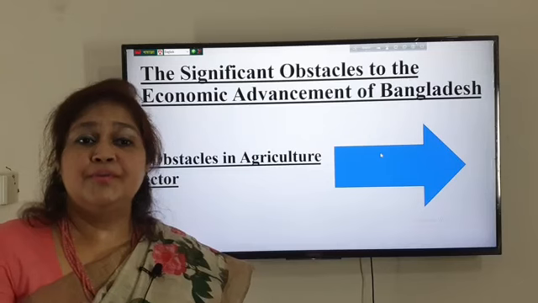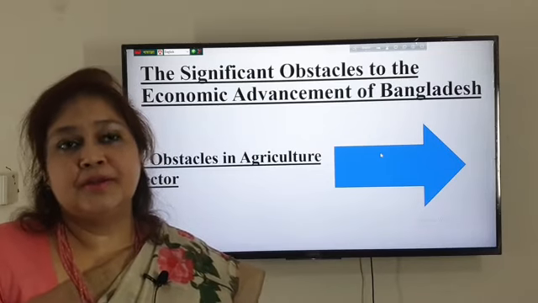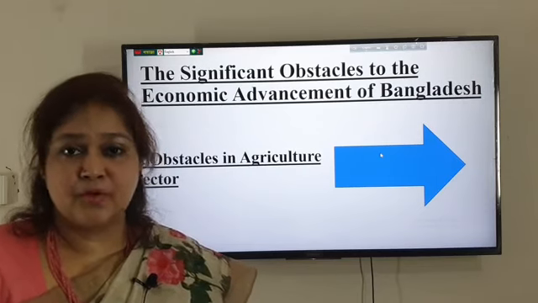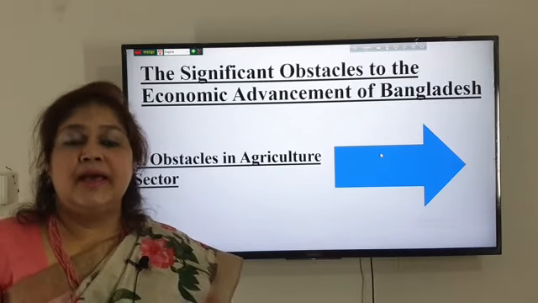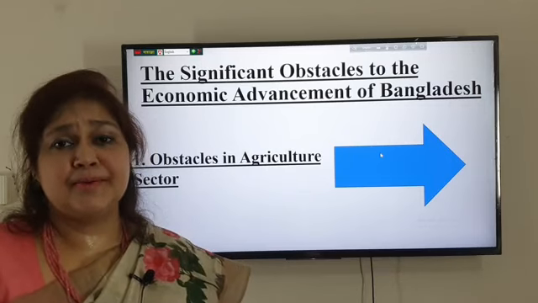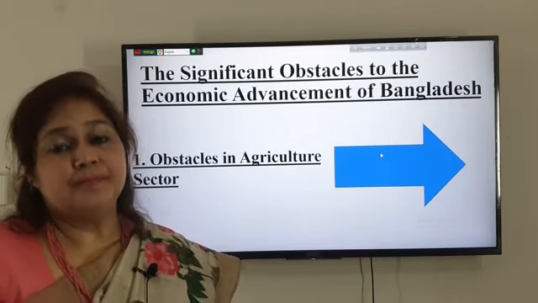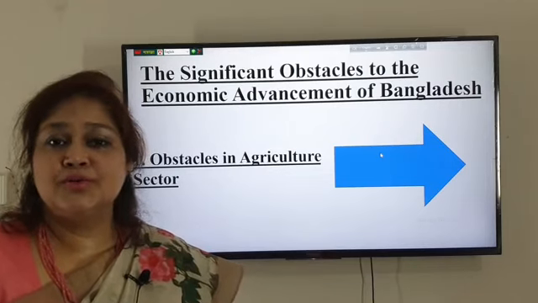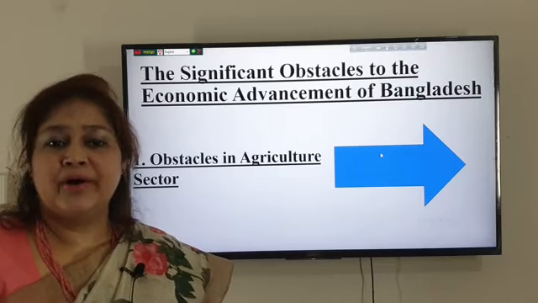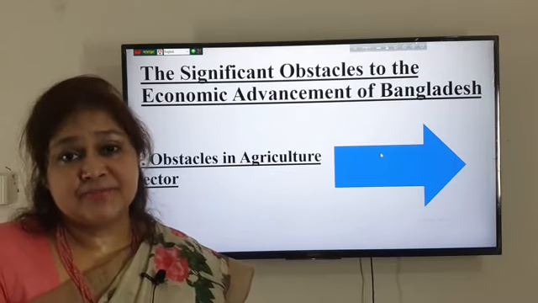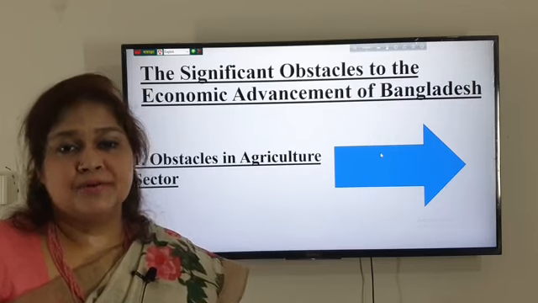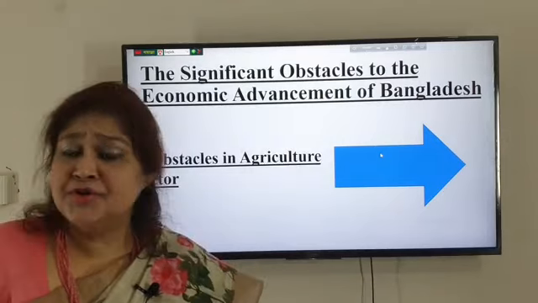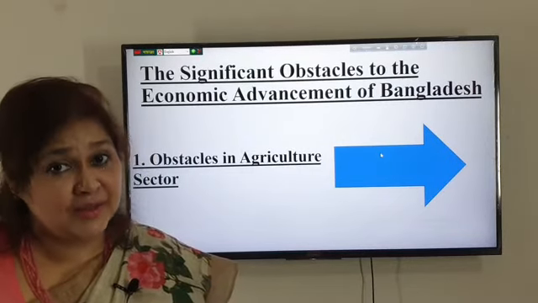During the British period, they smuggled money and wealth from this Indian subcontinent to their country. Once upon a time, during the Muslim rule, we exported different types of cloth and agricultural goods to different countries of the world. But the British grabbed all trades from us, and for this, they did not pay attention to our economic development.